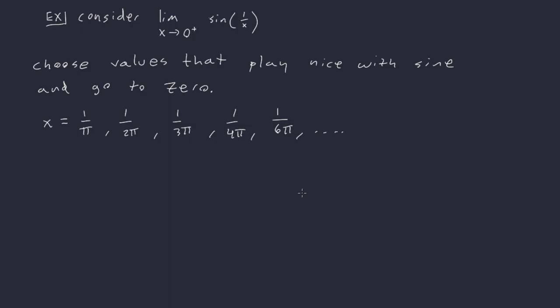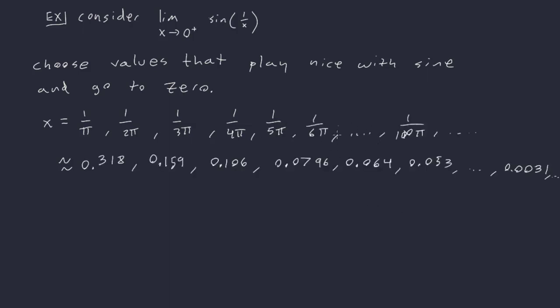Now to show why that goes to 0, what we're doing is dividing 1 by larger and larger values. If you use your calculator, these are the values that you would get.